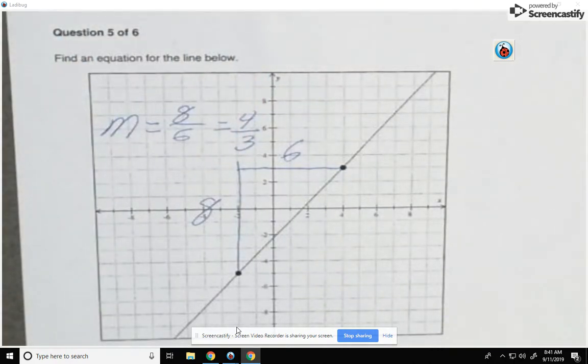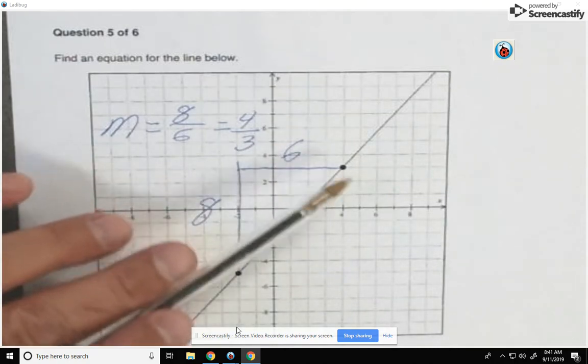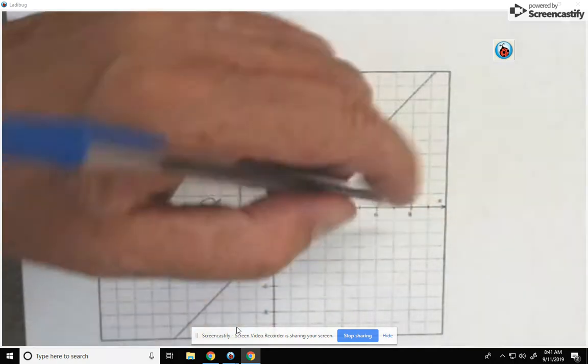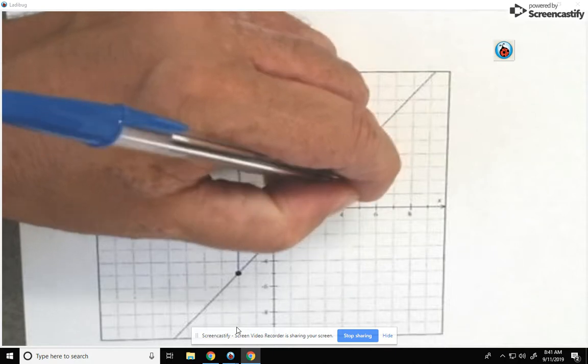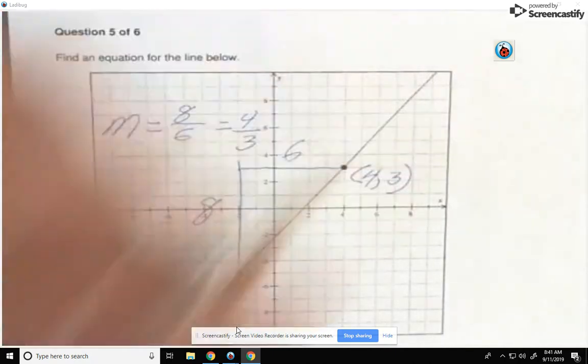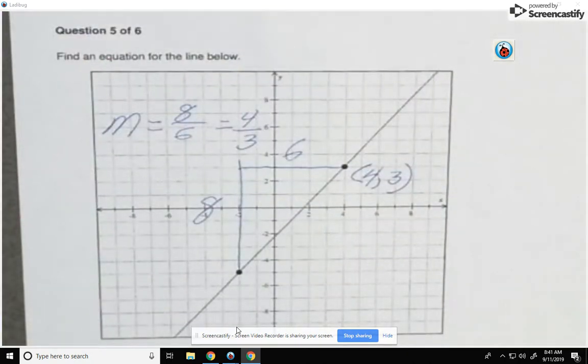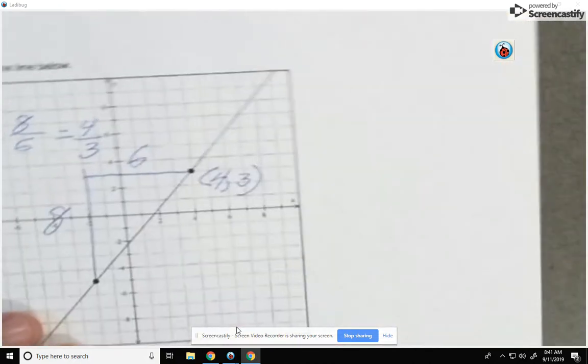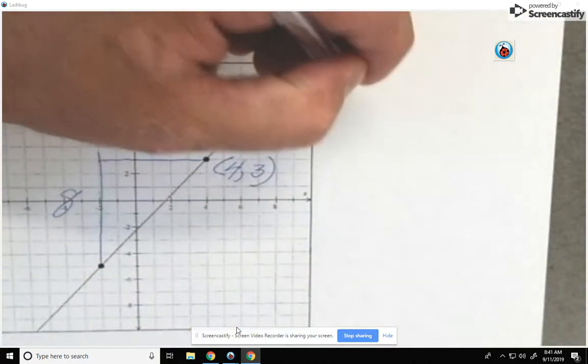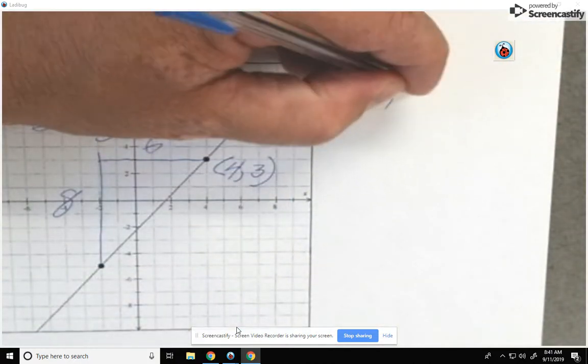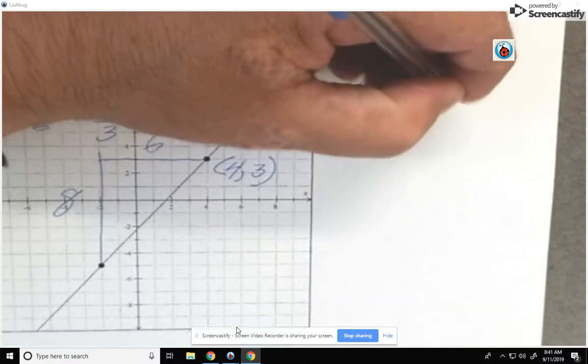Now to write our equation, we just choose one of our two points. I'm going to choose this point, which is at 4, 3. Again, it's y minus y1 equals m times (x minus x1).